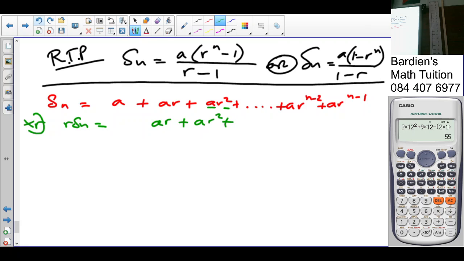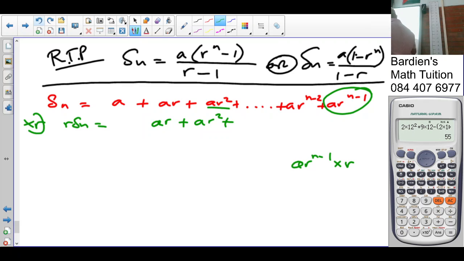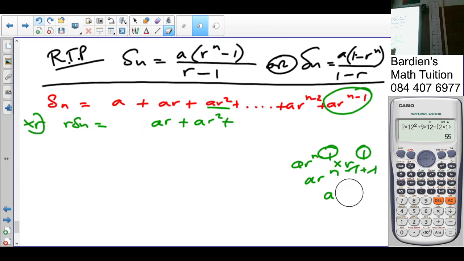If I multiply this by r, what do I get? ar cubed. What will happen if I multiply ar^(n minus 1) by r? What will I get then? ar^n, because minus 1 plus 1 is 0. Is there any like term to that?